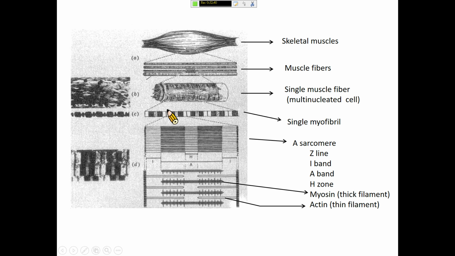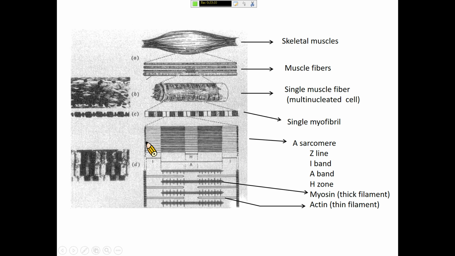Each from this line to this line, we zoom in again. And this line is called Z line. Okay, Z line. And from one Z line to the next, we call it one sarcomere. Sarcomere.